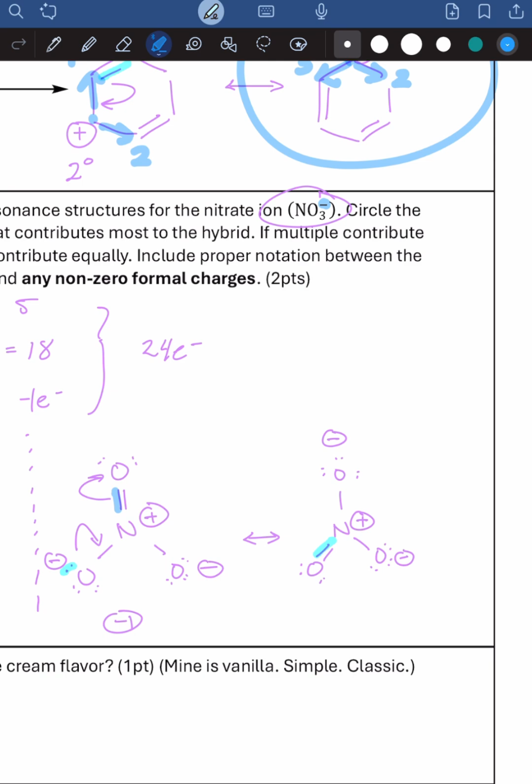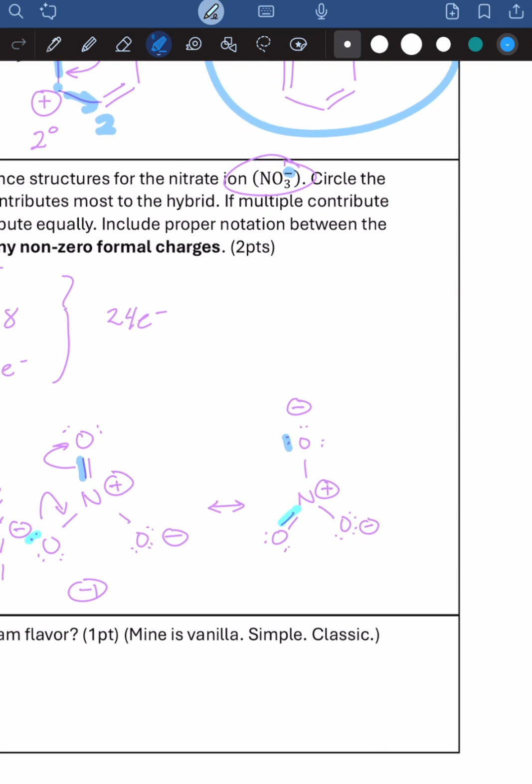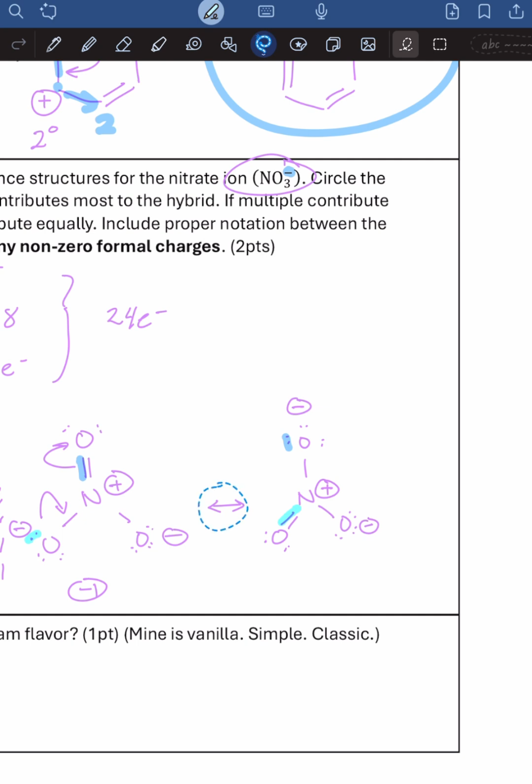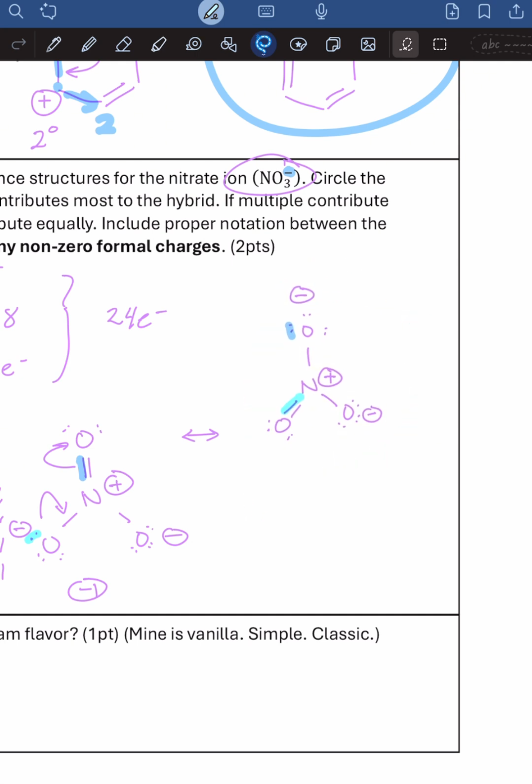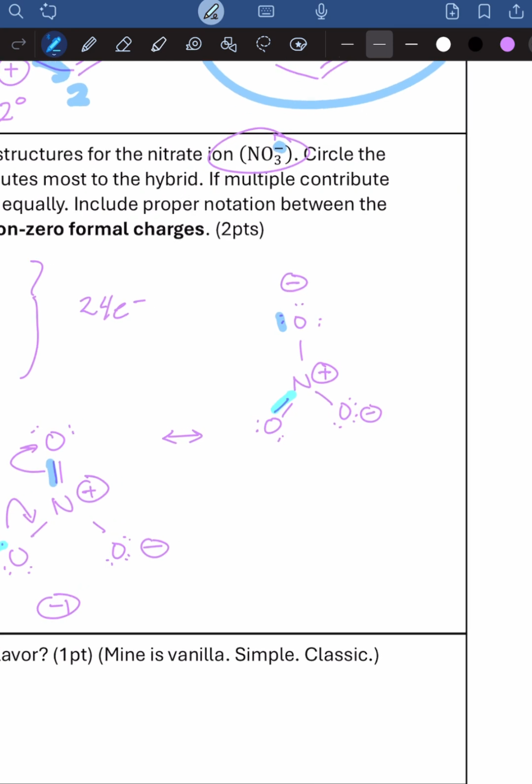I'll highlight the atoms that move during the resonance. And there's also one more resonance structure. I'll draw this up here. I'm running out of space. But it's going to pretty much be the exact same thing, but with different atoms moving. So in this case, we can have these electrons swing down, and these electrons swing up, which will give us a resonance structure that looks like this.